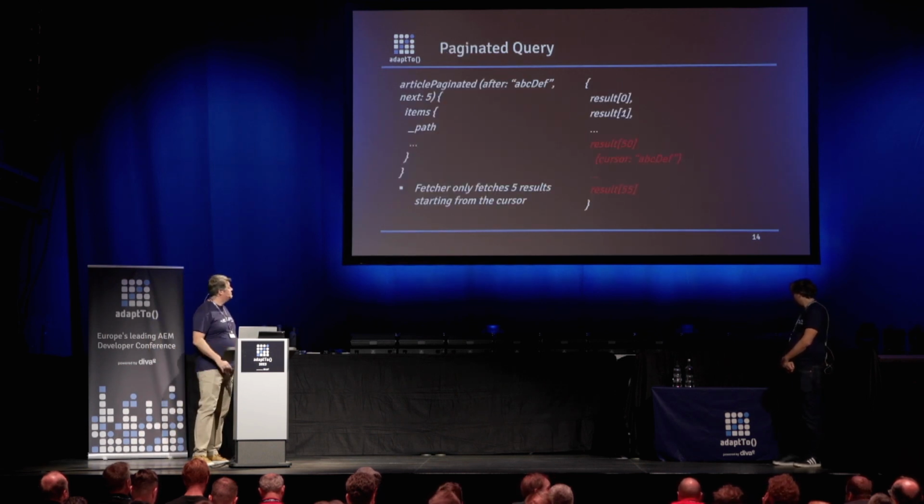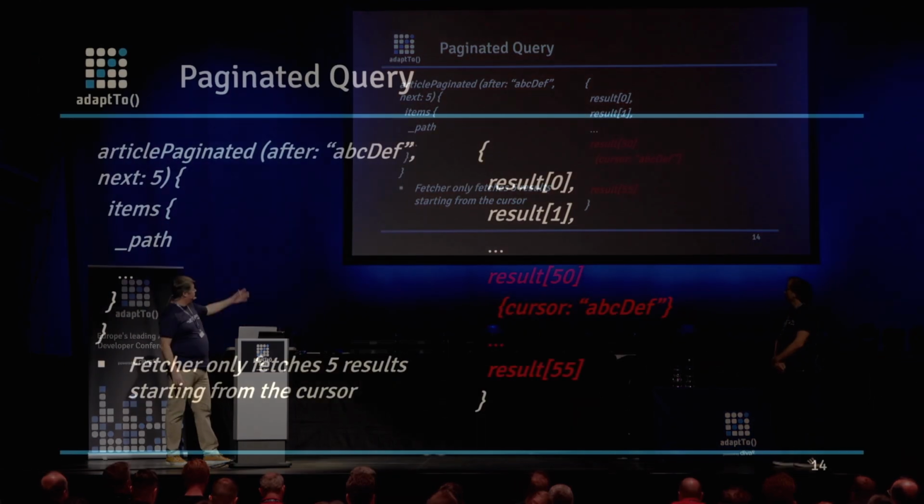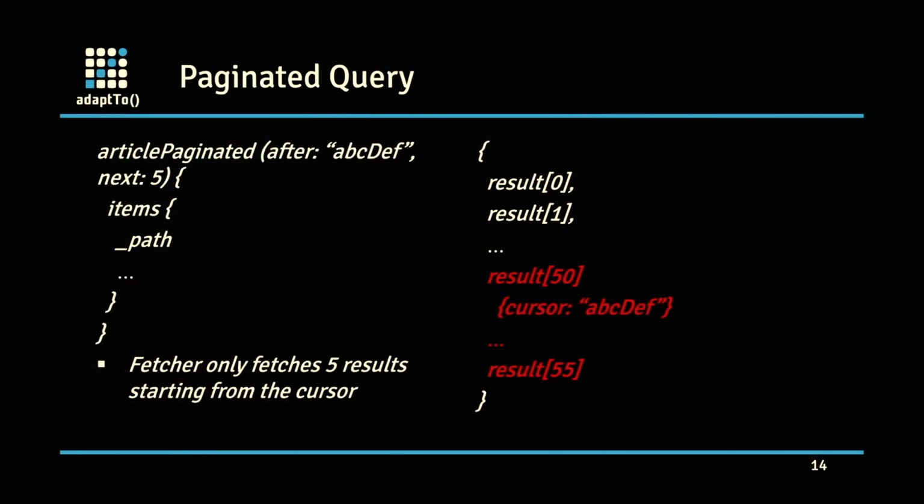How does it look like? So basically you have a page info, and you also have a property which is called cursor with every item which you actually request, and you can leverage this property to make sure you only get the results you're interested in.